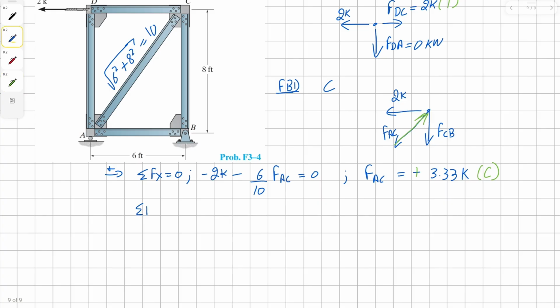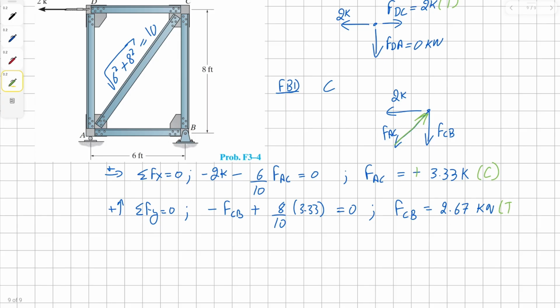Now let's sum the forces in y direction in order to find the force value for member CB. So it's going to be negative CB, positive 8 over 10 times our force AC, which is 3.33, all equals to 0. Solving for force CB, we get our solution as 2.67 kilonewton, and this member is going to be in tension.